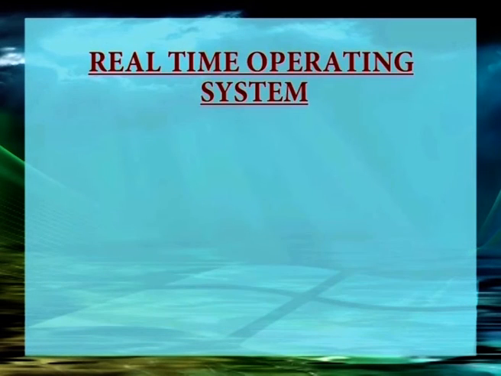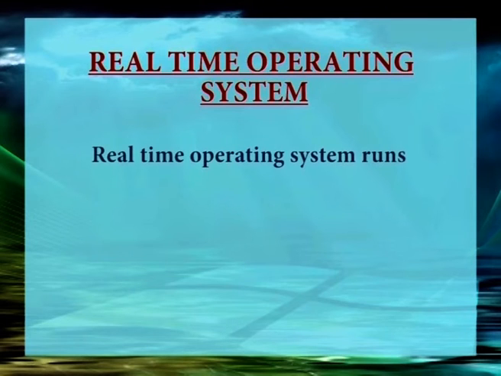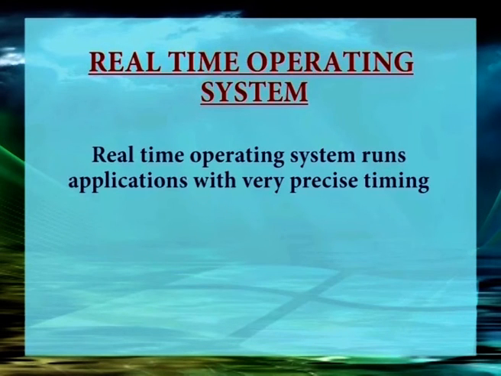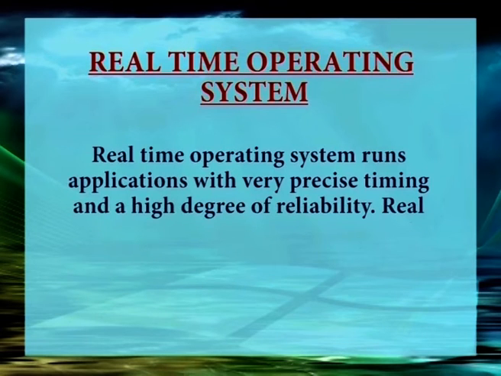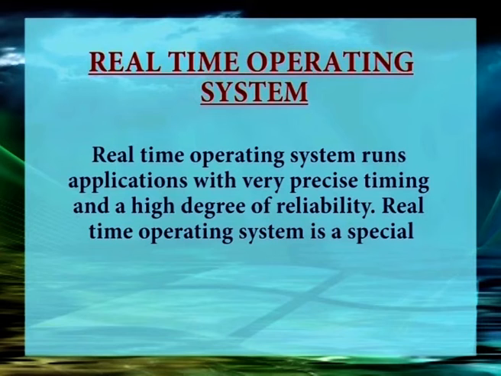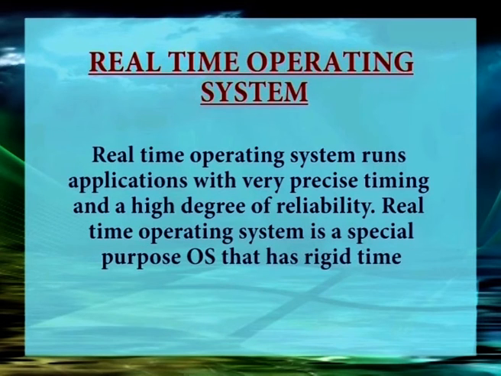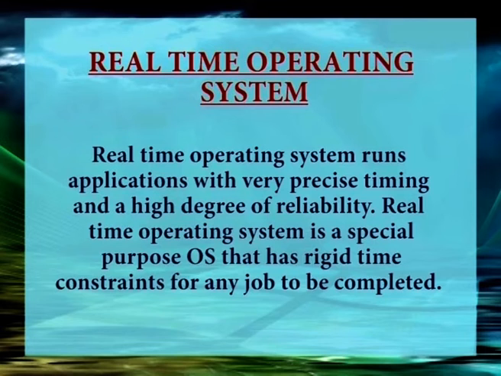Next, we are going to discuss real-time operating system. A real-time operating system runs applications with very precise timing and a high degree of reliability. It is a special purpose operating system that has rigid time constraints for any job to be completed.